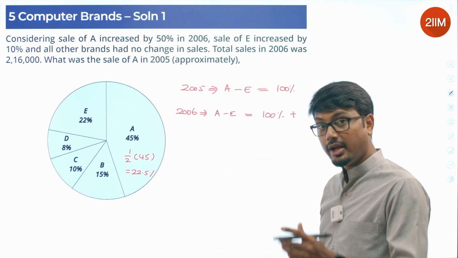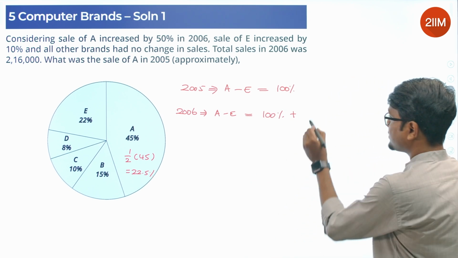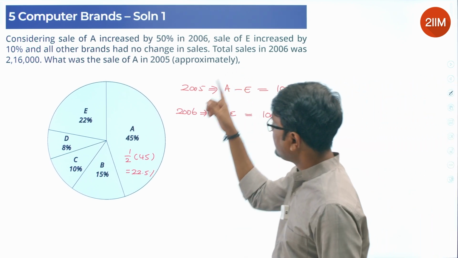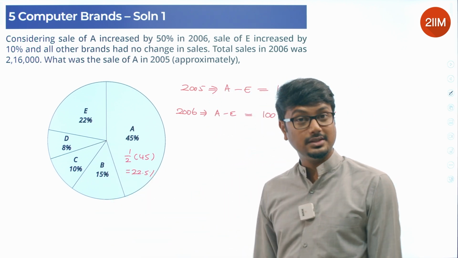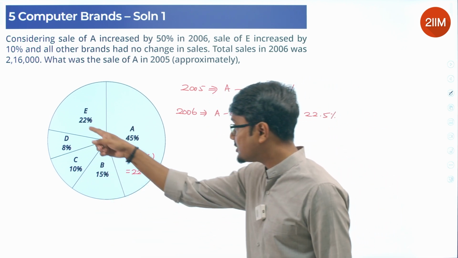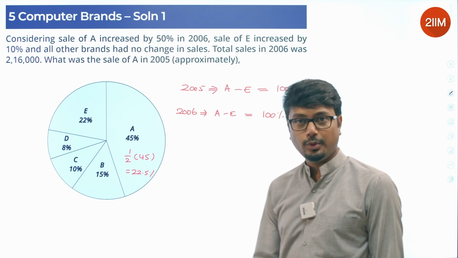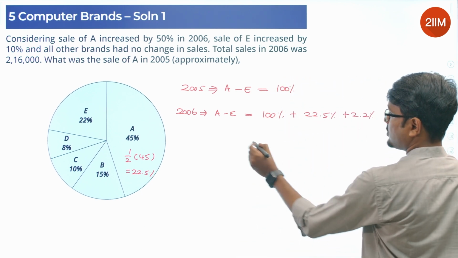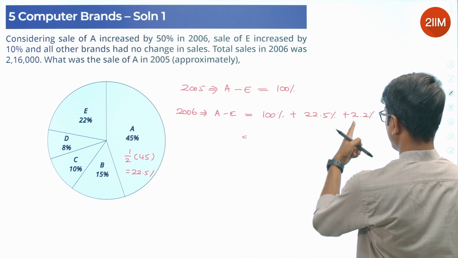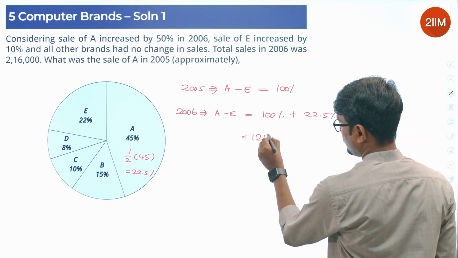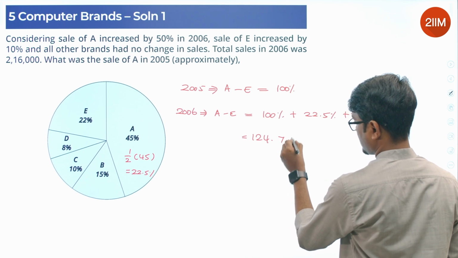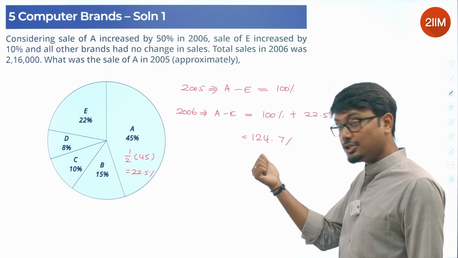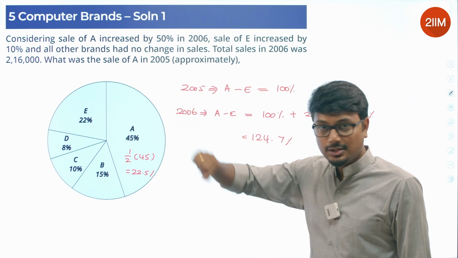So with respect to A, the value will be increased by 22.5%, and then E is increased by 10%. So it is supposed to be increased by 10% of this 22, it should be 2.2. Okay, so plus 2.2. Eventually the percentage becomes 124.7%. Alright, so this 124.7% is 216,000.